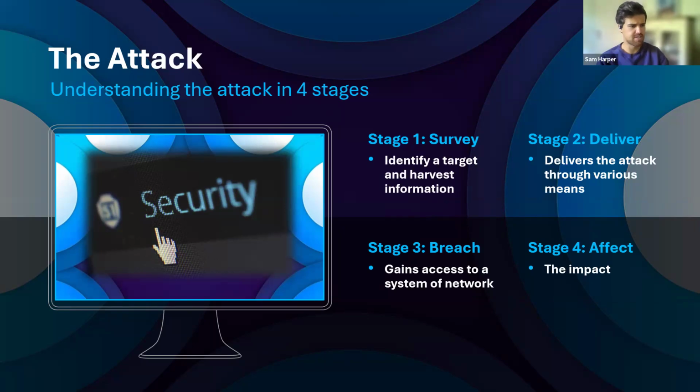Stage 2 is the deliver stage. This stage in the cyber attack is where the attacker delivers malicious code, or something called a payload, to a target system. And that can be, again, through email, like we looked at a moment ago, phishing, downloads, or even physical media. So that is the deliver stage. They will then send the attack.